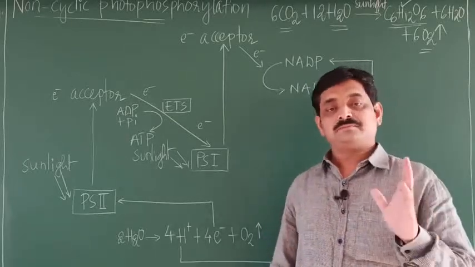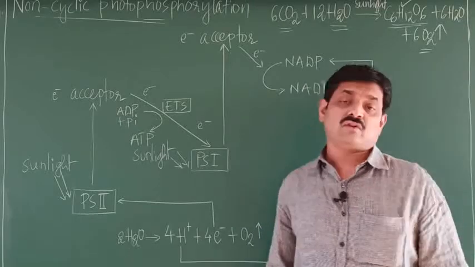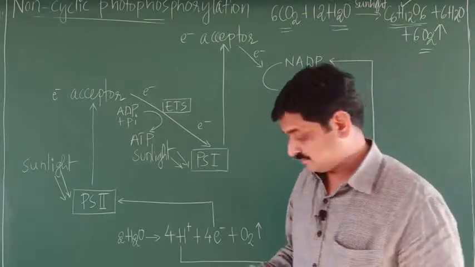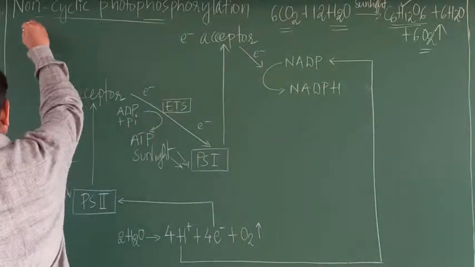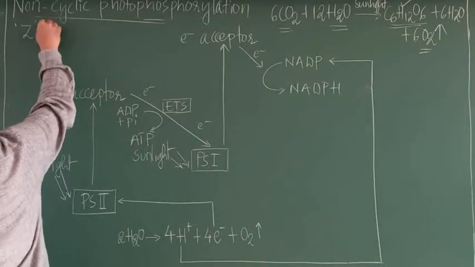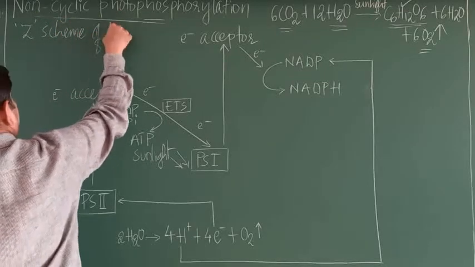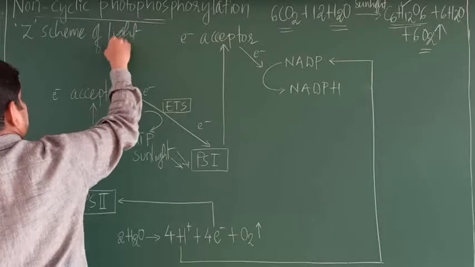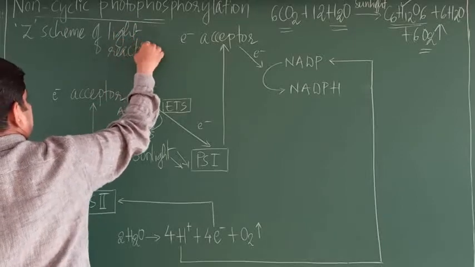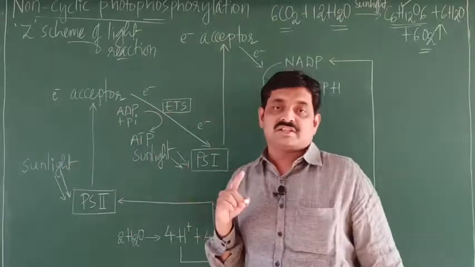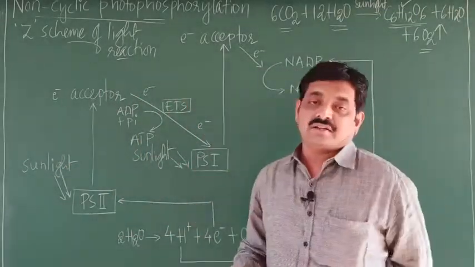So we shall consider the non-cyclic photophosphorylation, which is also called the Z scheme of light reaction.